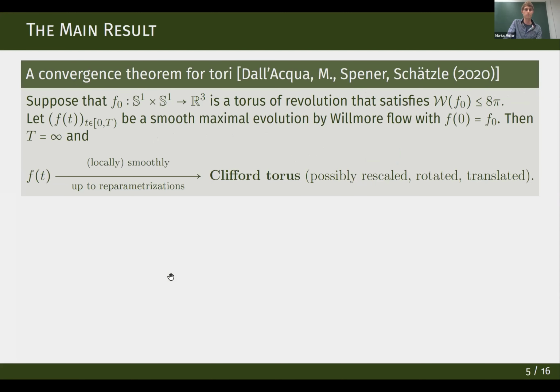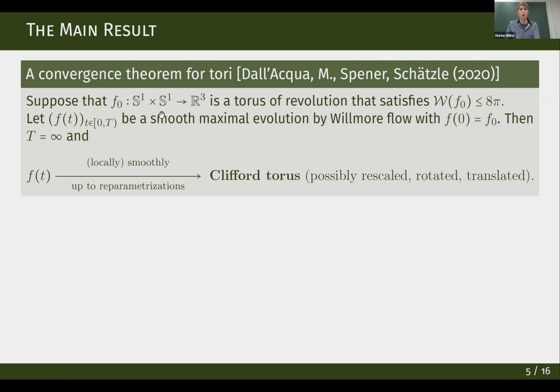All right. So now I can state the main result. We have looked at the Willmore flow started with tori of revolution, and we are interested in the asymptotic behavior and long time existence.